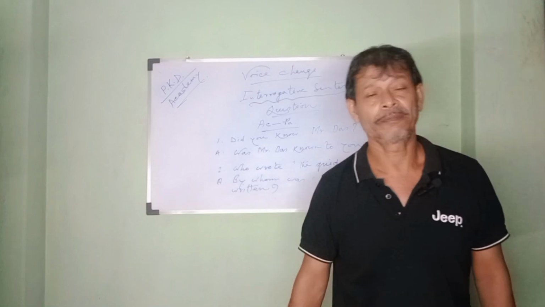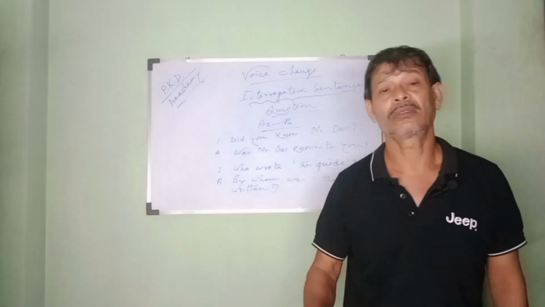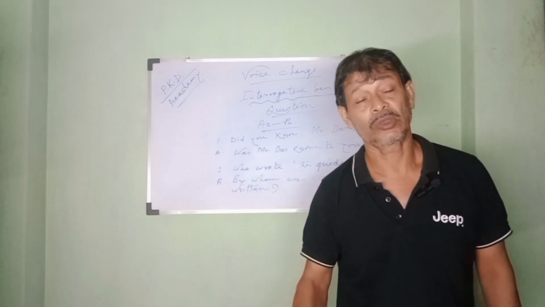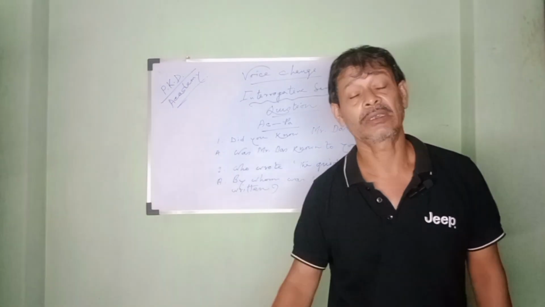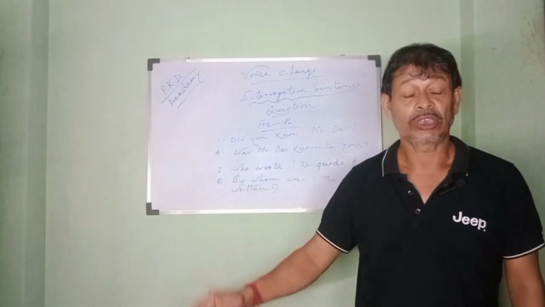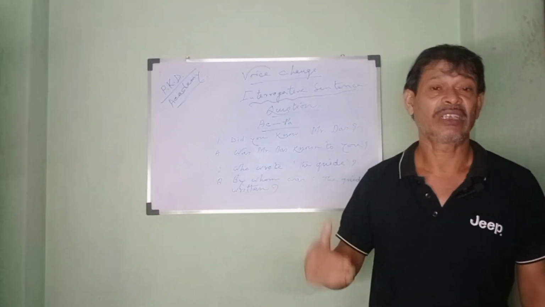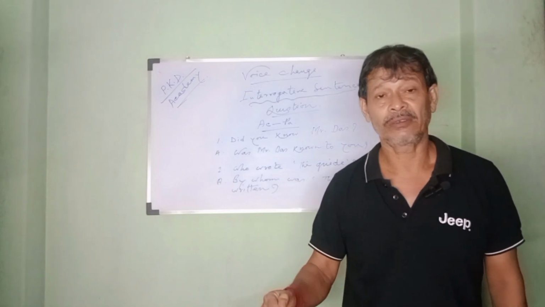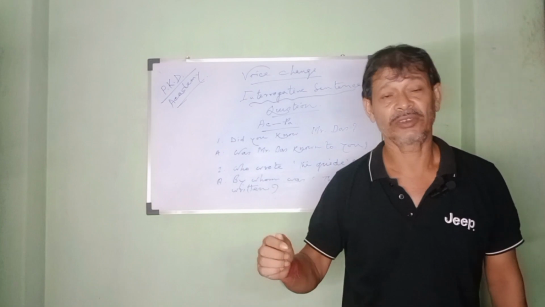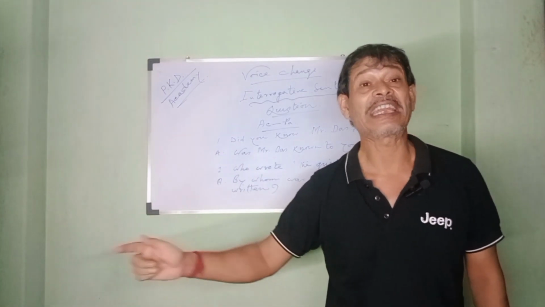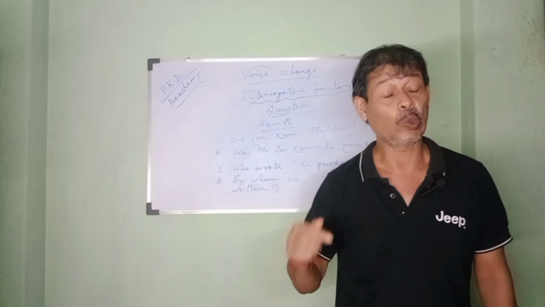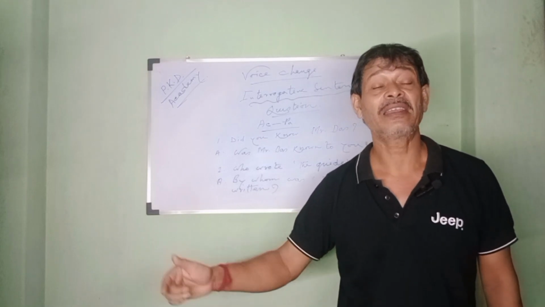Number four, what do the man want? Question mark. Number five, when did the man catch the train? Question mark.